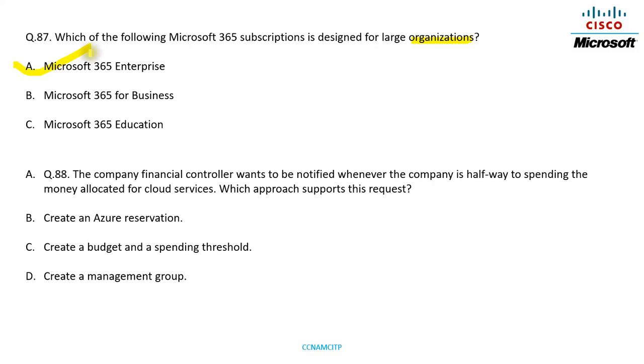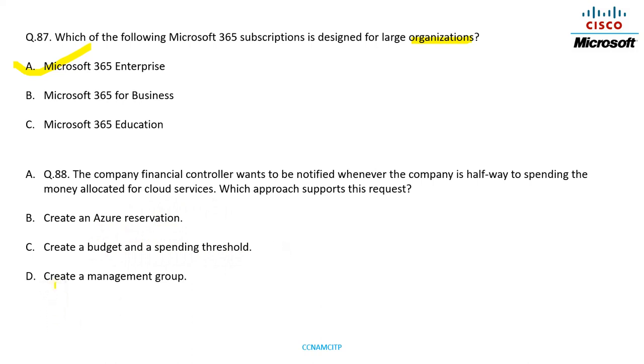And the company financial controller wants to be notified whenever the company is halfway to spending the money allocated for cloud services. So which approach supports this request? Create an Azure reservation, create a budget and spending threshold, or create a management group.